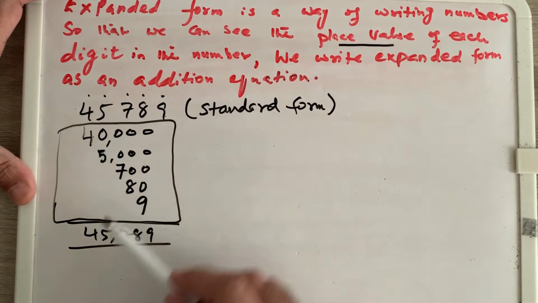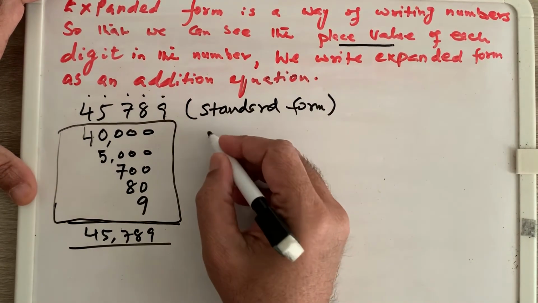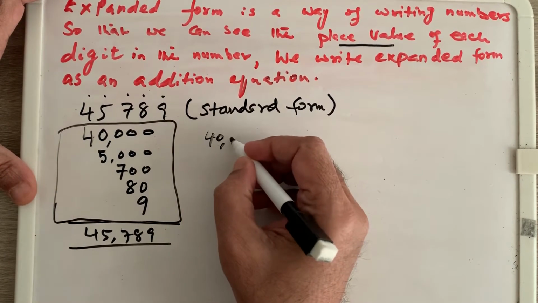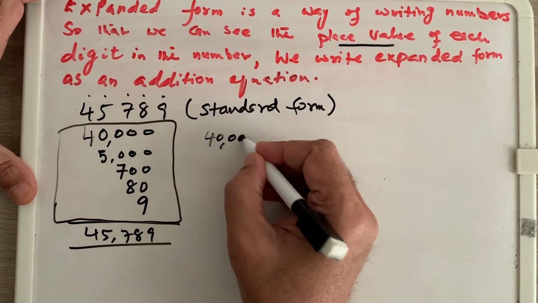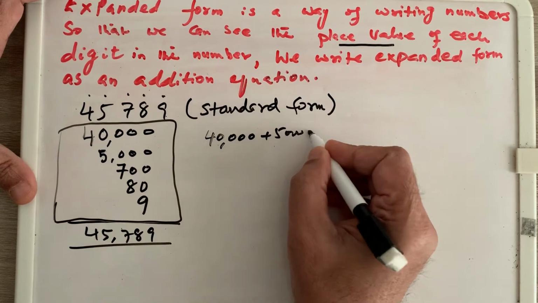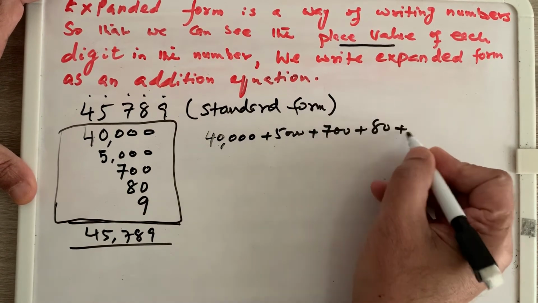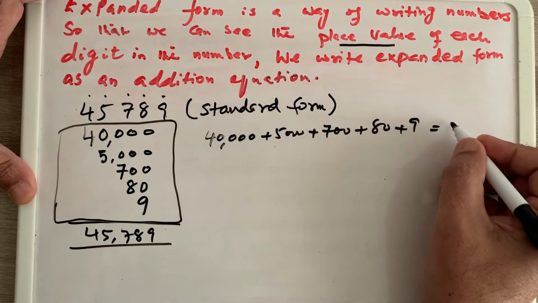When we add them up, we get the same number. We can write it like this, or in one horizontal format: 40,000 plus 5,000 plus 700 plus 80 plus 9 equals the same standard format.